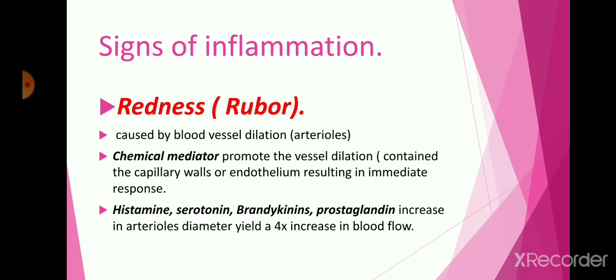Due to this increase in the diameter of the arterioles, the blood flow increases at the injured site, and so we see the redness which is called rubor. So this is the first sign of inflammation we see at the injured site.